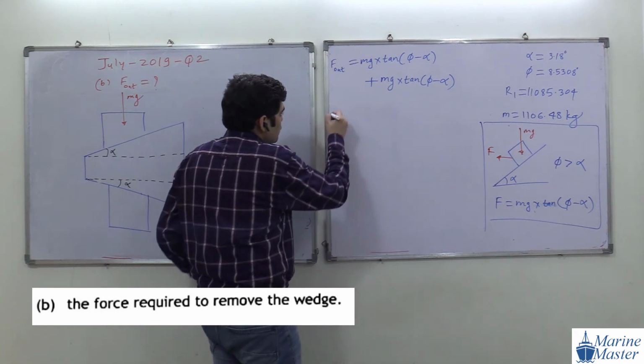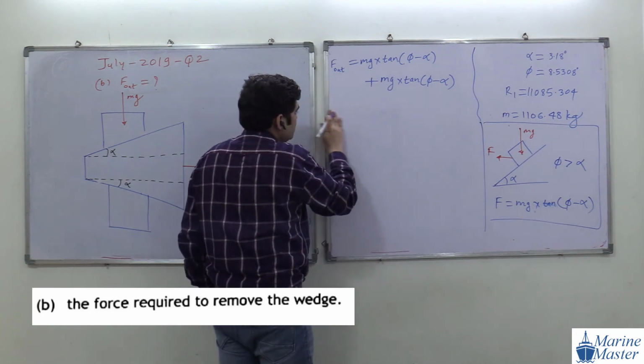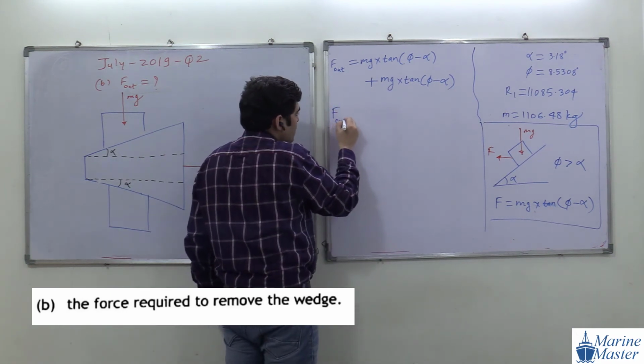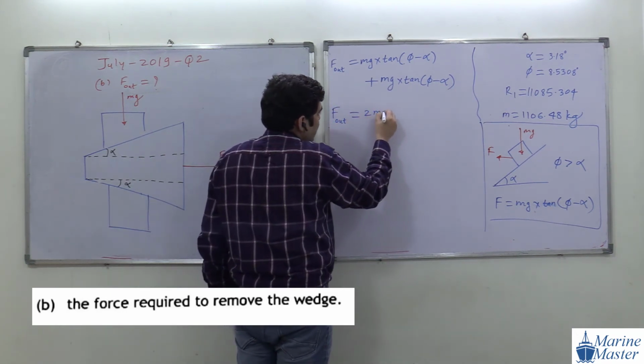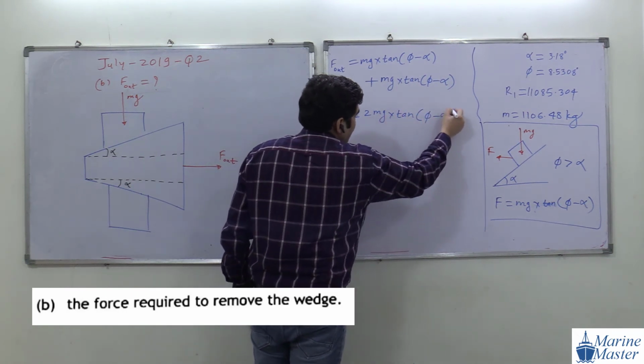So what will F out become? Force required to drive the wedge out. So 2 times mg tan of phi minus alpha.